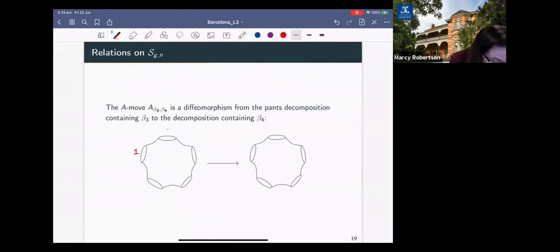So what does that mean? That means if I took this thing, and so beta 3 is going to be here. That means if I have a Pants decomposition of this surface, I have to choose some other cut, I'll choose that one.